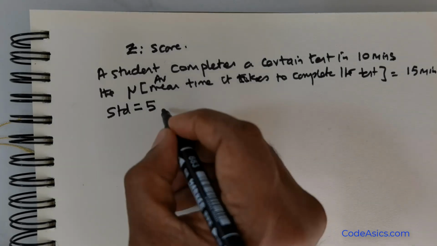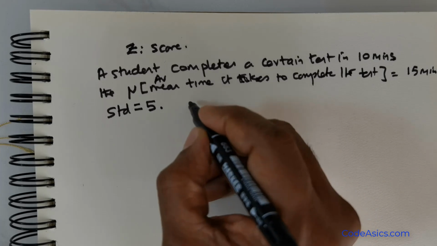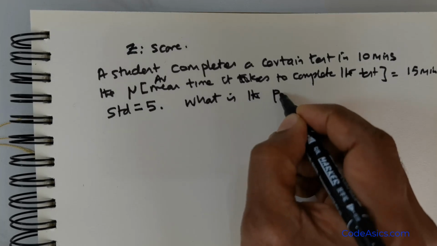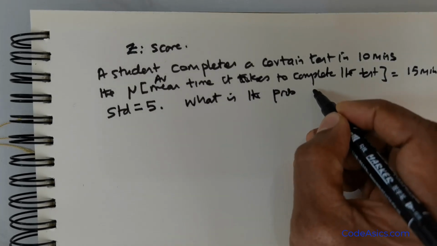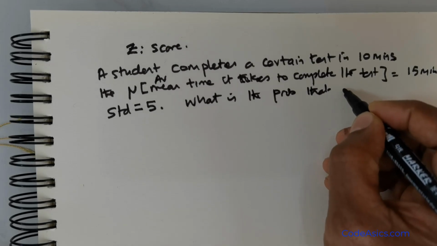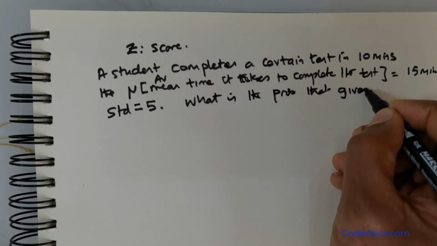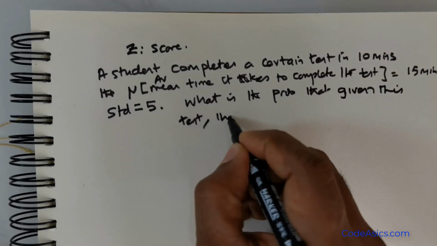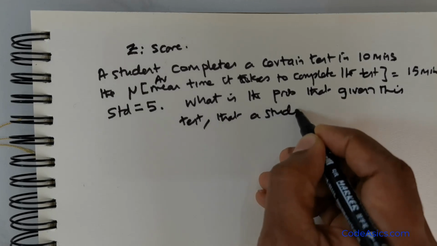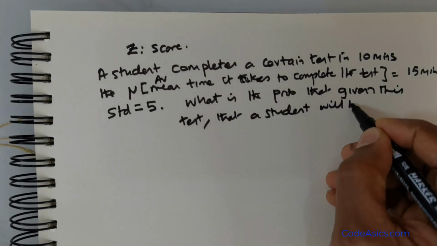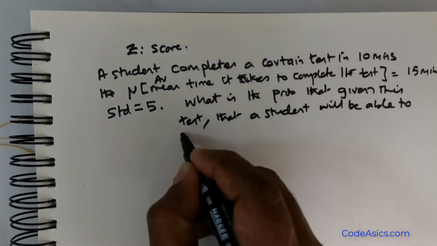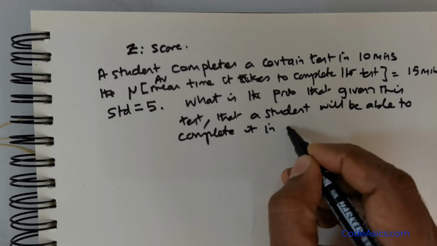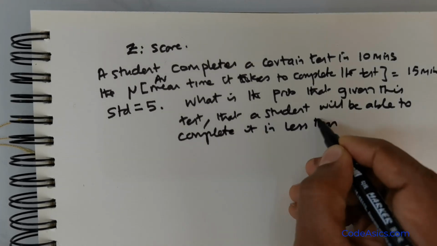Now this is the question. They are asking us what is the probability that, given this test, a student will be able to complete it in less than 10 minutes.